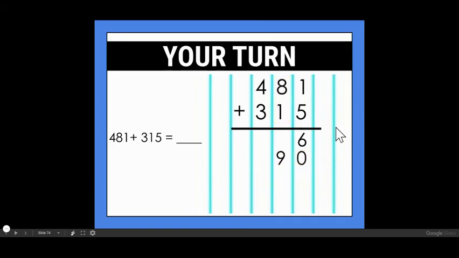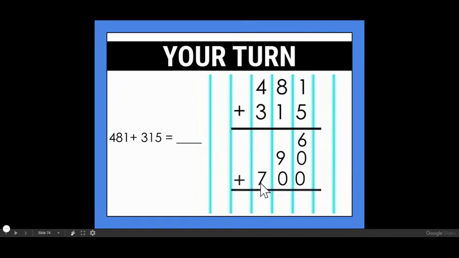Let's move on to the hundreds. Hundreds go right below the tens. Think about which place value you're looking in. You're looking in your hundreds. Go ahead and write your hundreds down here. All right, did you have 400 plus 300 equals 700?